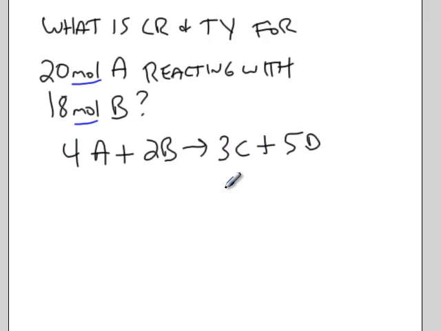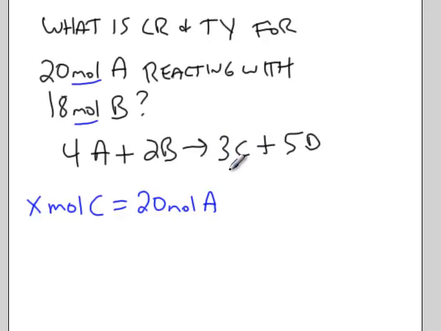So let's say I select chemical C to be the chemical I'm interested in making. So if I want to know how many moles of chemical C I'm going to make starting from 20 moles of A, notice my theoretical yield is usually in grams, but it doesn't always have to be in grams.